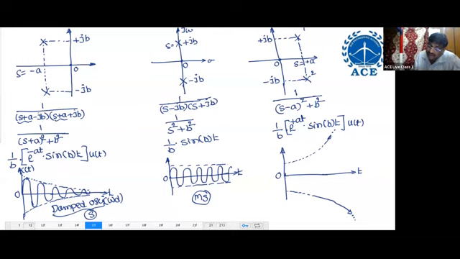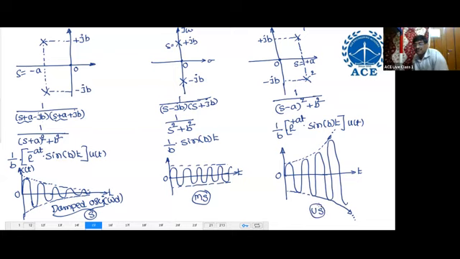In between, make it oscillations. The system is unstable. Right side is always unstable, left side is always stable. Imaginary non-repeated poles are marginally stable. Repeated poles are unstable.